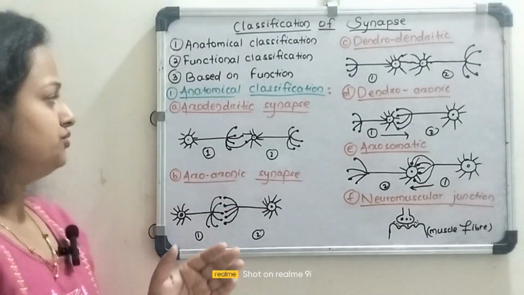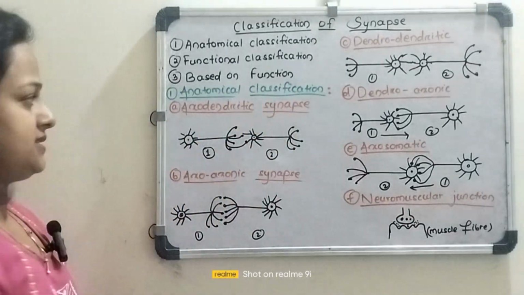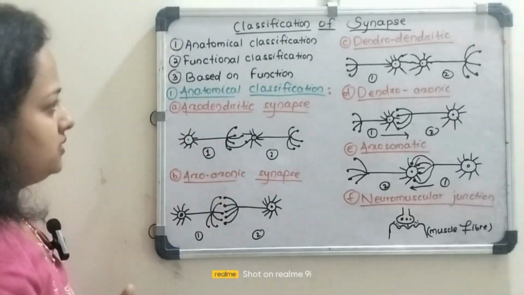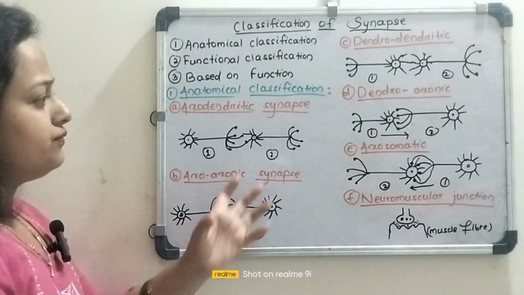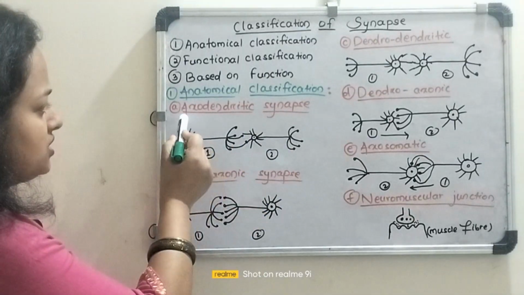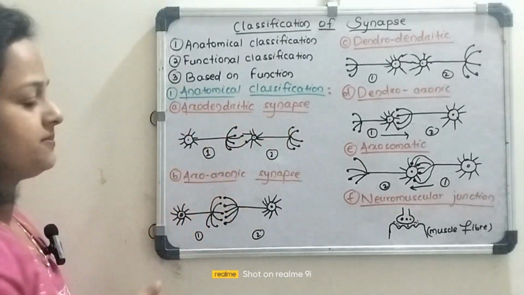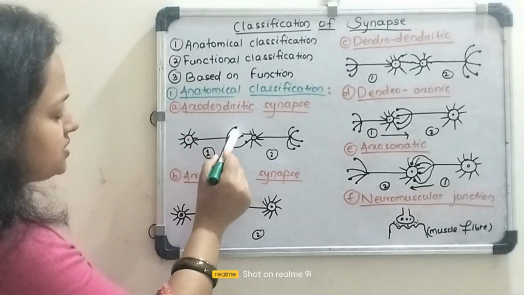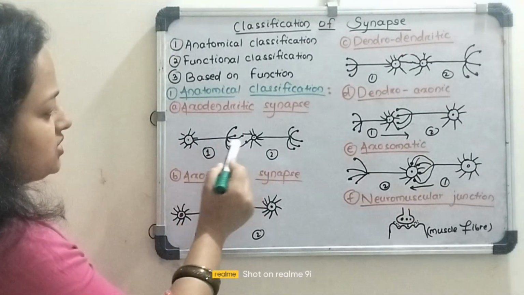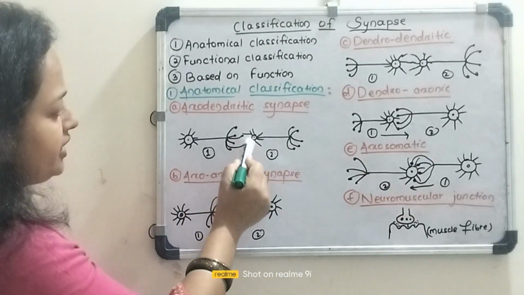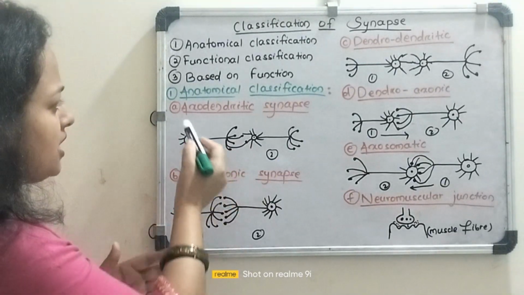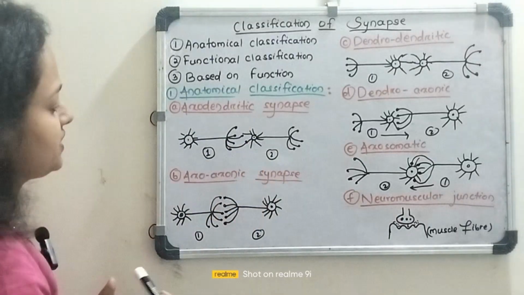First, the anatomical classification. In anatomical classification, the synapse is of 6 types. The first one is the axodendritic synapse. Here, the axon of one neuron sends the impulse to the dendrite of the next neuron.